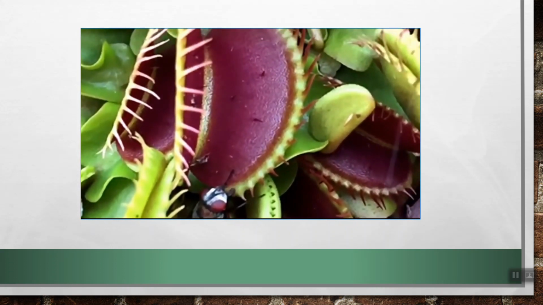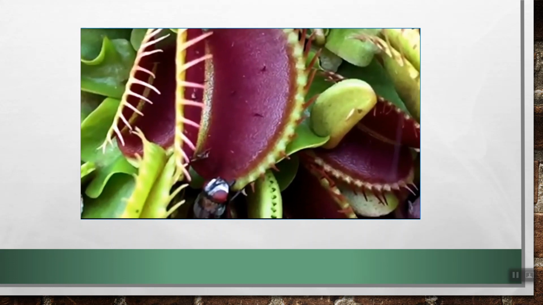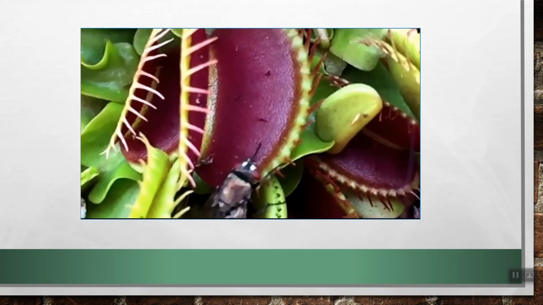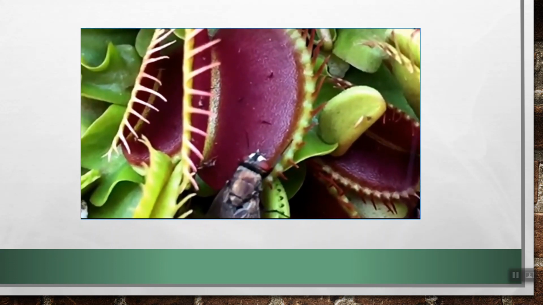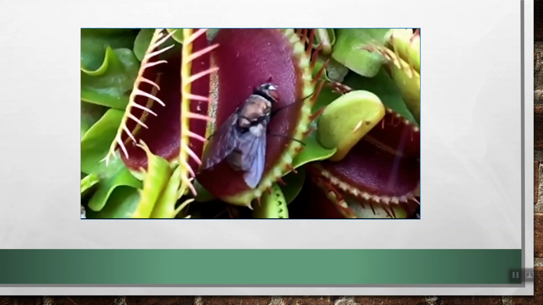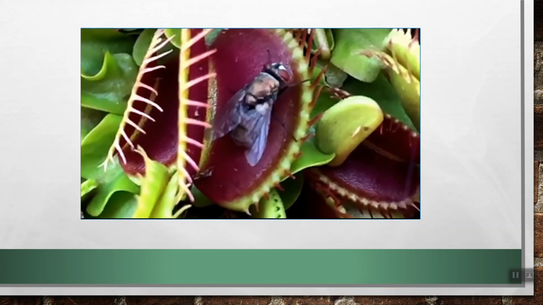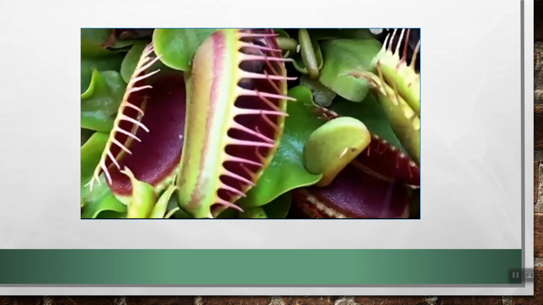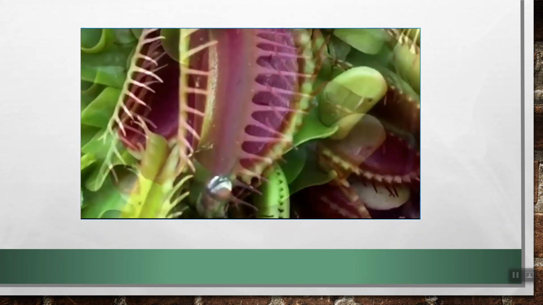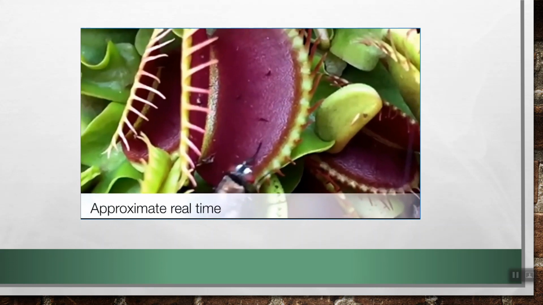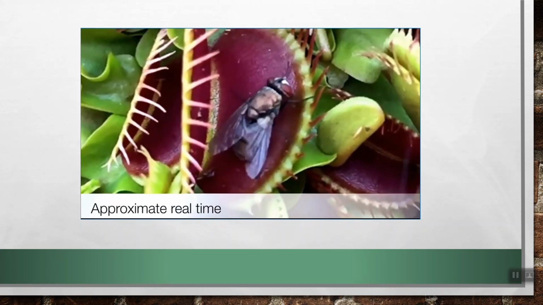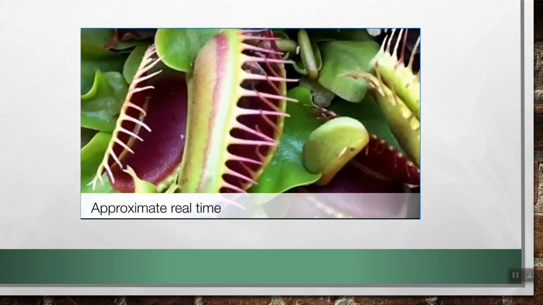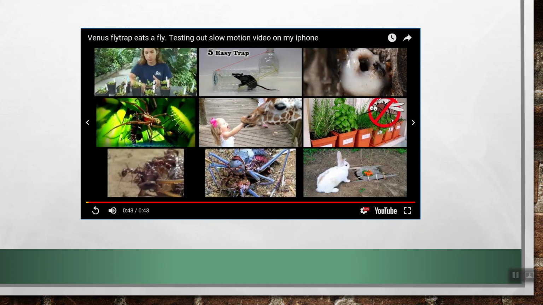What he doesn't realize is that this is a Venus flytrap. And it closes around him. That was in slow motion. Let's watch it in actual time. Look how quickly it snaps down. All right, now that we've got an idea of the Venus flytrap, let's read more about it.